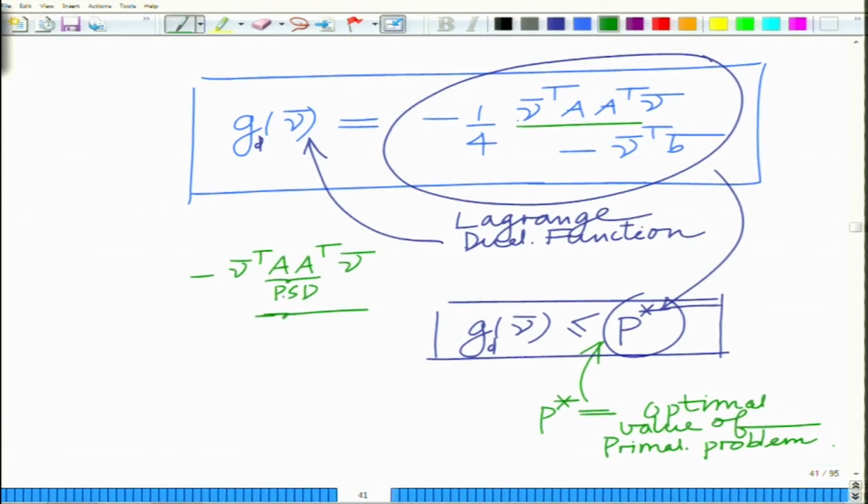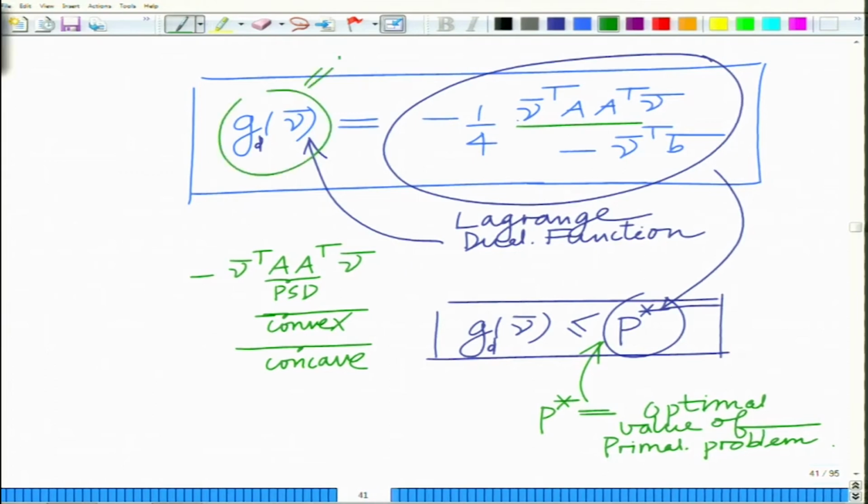So nu bar transpose A transpose nu bar is convex, minus nu bar transpose A transpose nu bar is concave. Okay. And minus nu bar transpose b bar is basically a linear function, which is also concave. So basically it is a concave function, g_d of nu bar.